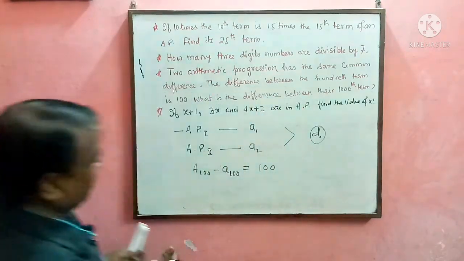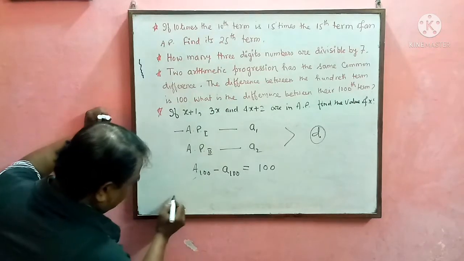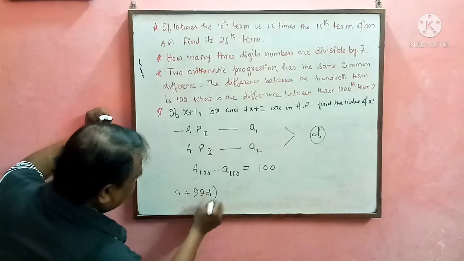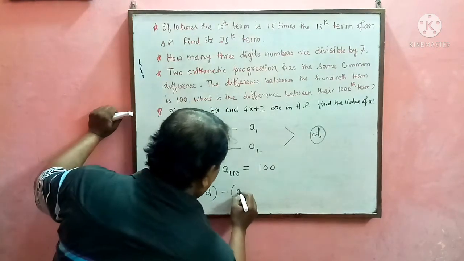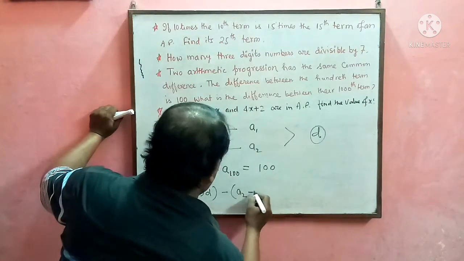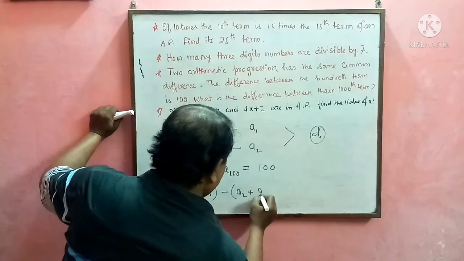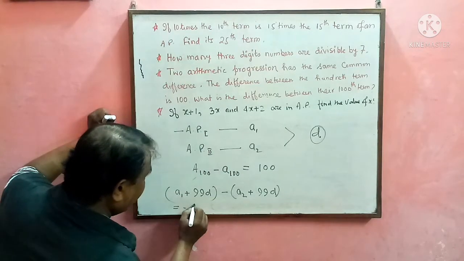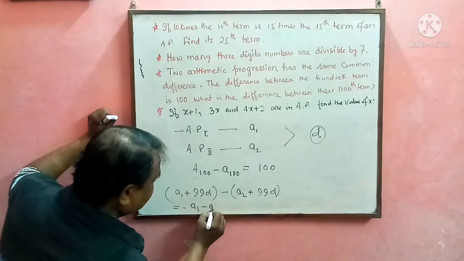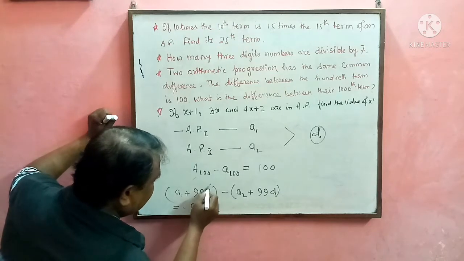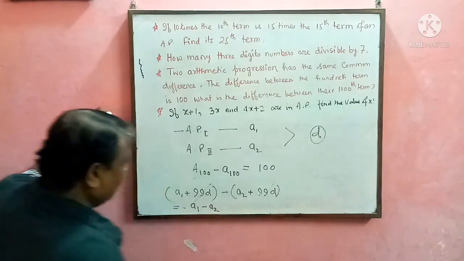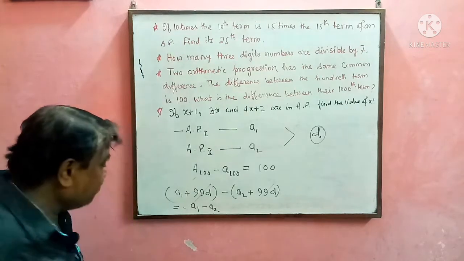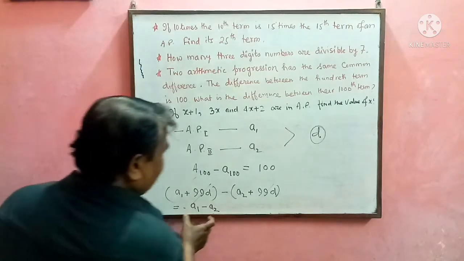Why? Let me explain this one. Here, this is A1 plus 99D. This is minus A2 plus 99D. So I think you have got it. The result will be A1 minus A2. This will get cancelled because this is positive, this is negative, and so we have the difference between their first terms.